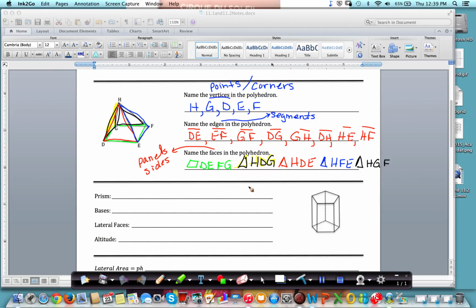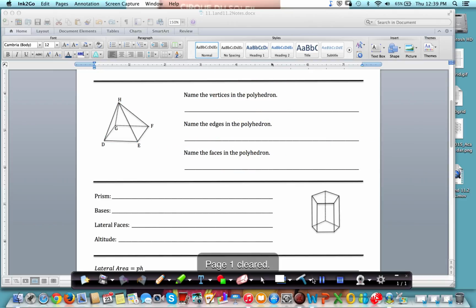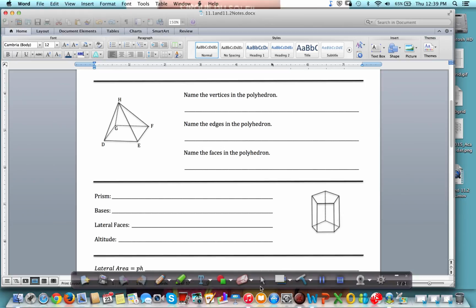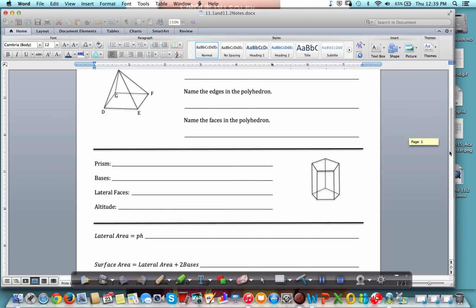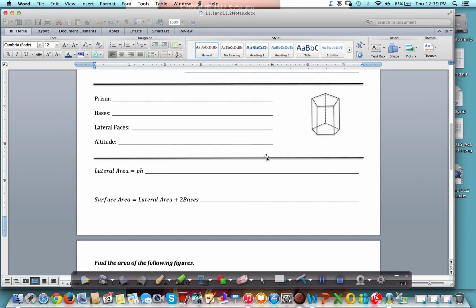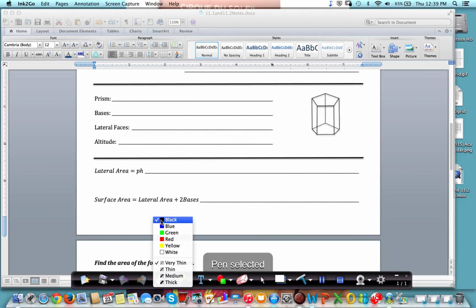Okay, now let's name this prism. So we're going to clear off the page, and we're going to scroll, and we're going to continue to name the prism. First things first, let's name our prism.